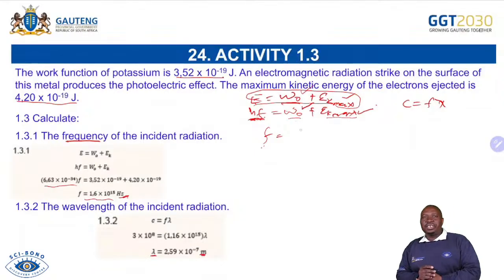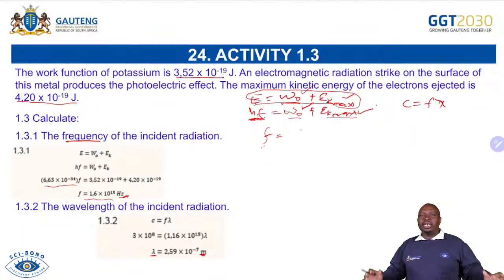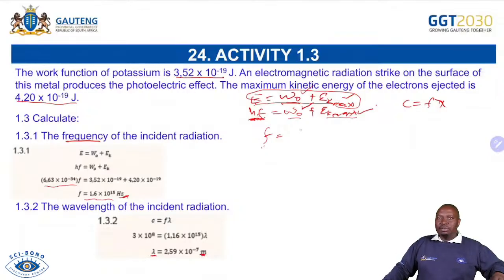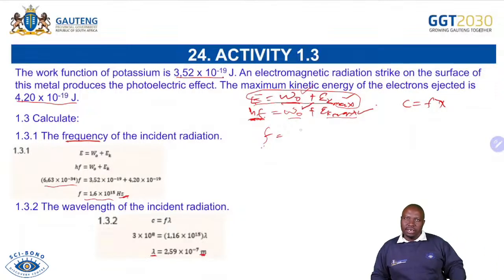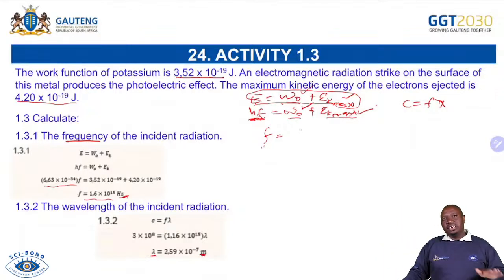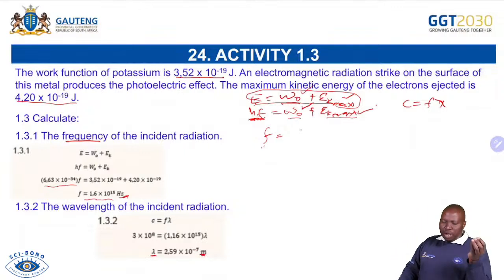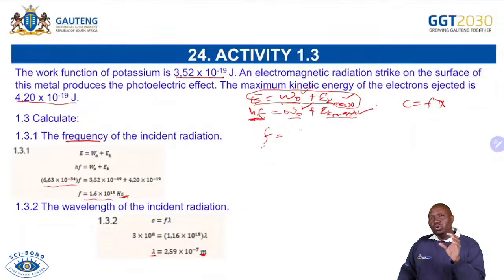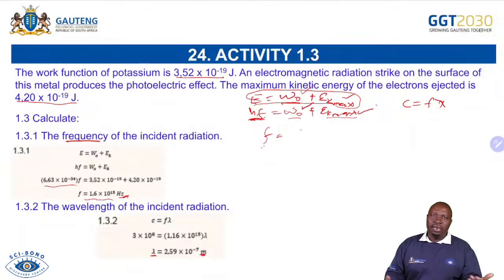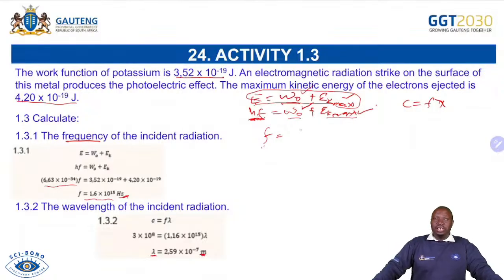I know you may have come across electron volts somewhere, but in terms of our calculation, we're using the SI unit for energy as joules. SI unit for frequency is always hertz. SI unit of wavelength is meters. Ensure that you do that, because in some questions you'll be given wavelength in millimeters or centimeters, so the expectation is that you must be able to convert. Those small technicalities are the ones that sometimes make learners not get correct answers. I hope that information helps you.